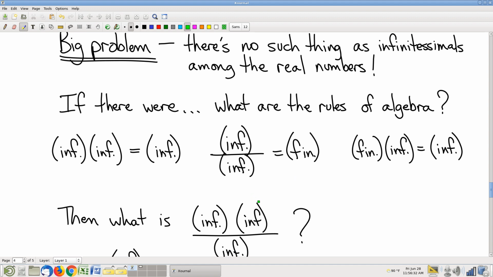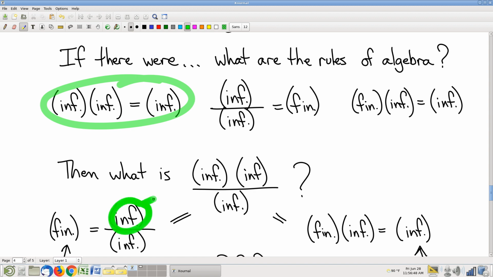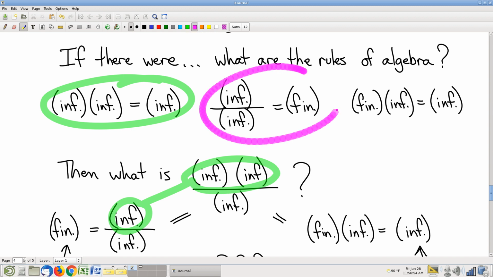So I'm going to point this out by considering, what should this be? What happens if you multiply two infinitesimals and then divide by an infinitesimal? What should you get? Well, if these rules were to be trusted, then on the one hand, notice this rule says that the numerator is an infinitesimal. And then this rule says, well, if you're dividing an infinitesimal by an infinitesimal, your answer should be finite.